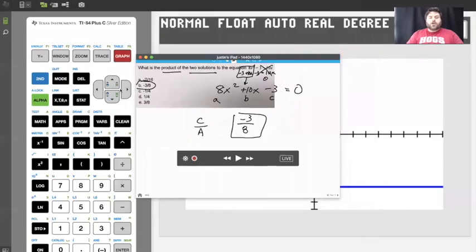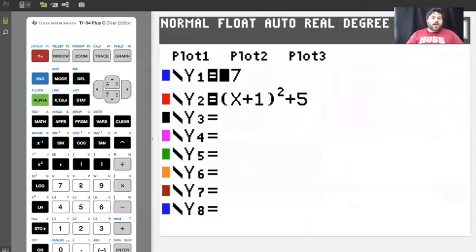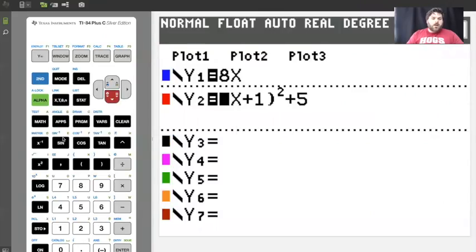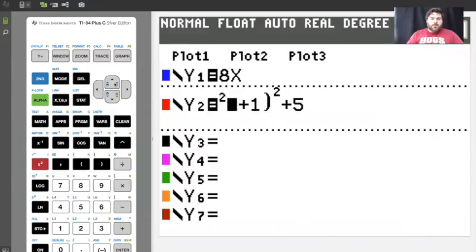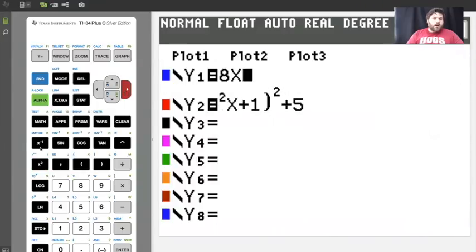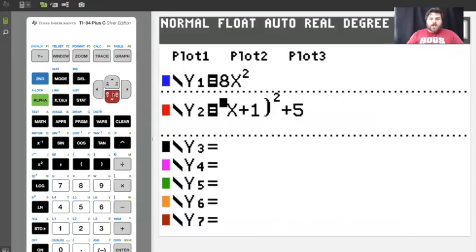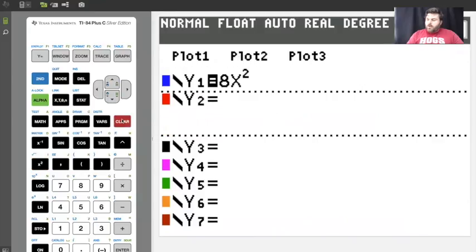Of course, alternately, you could have graphed the left side, right? 8x squared, and then on the right side, you had 3 minus 10x.